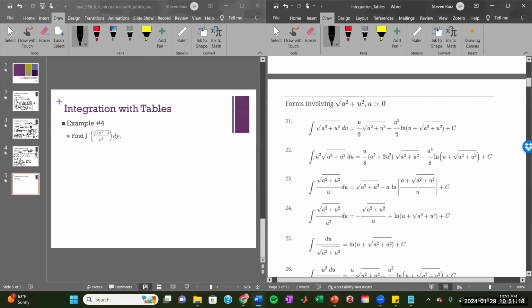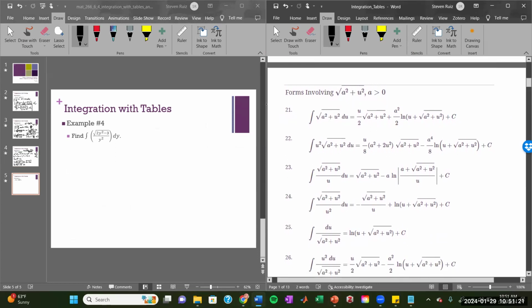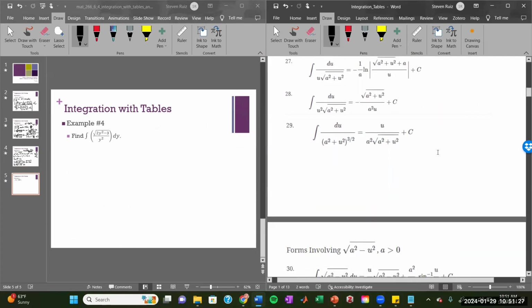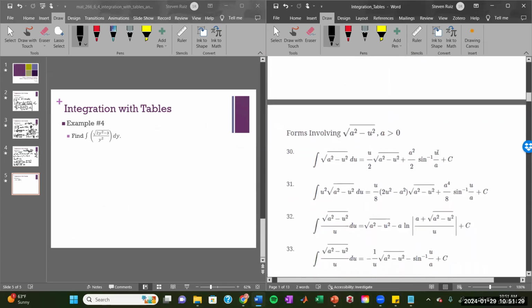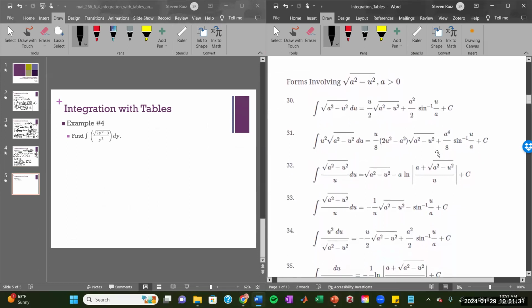So am I even on the right page to look for this one? Shouldn't be. What about now? Can you make it a little bit bigger? Oh, yeah, absolutely. Thank you.